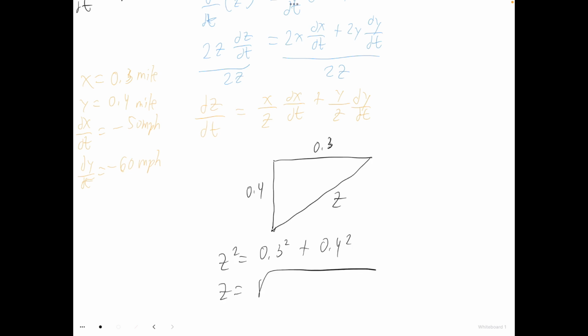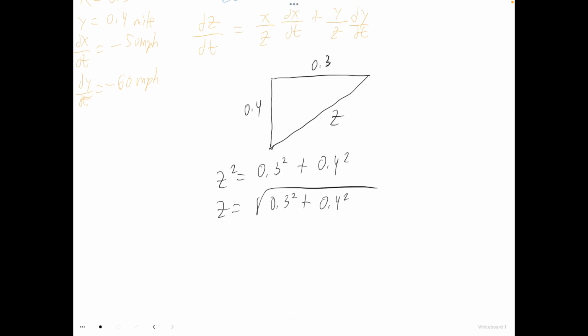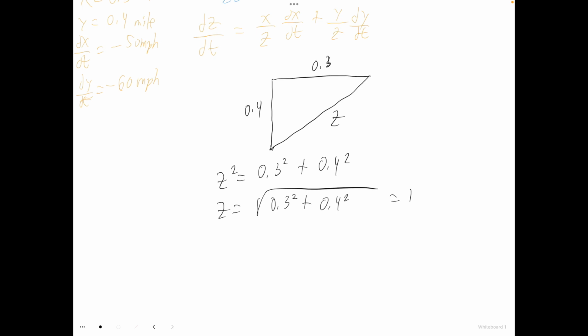So z is going to be the square root of 0.3 squared plus 0.4 squared, which is equal to the square root of 0.09 plus 0.16. So the square root of 0.25, which is 0.5. And so the value of z is 0.5. So now we know the value of z at that point in time we care about. So we're just going to plug everything in.